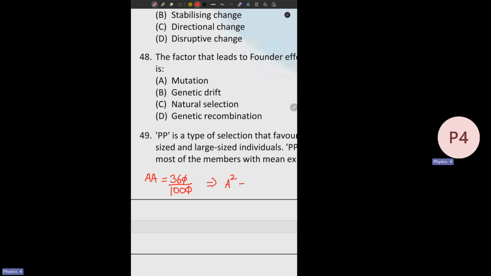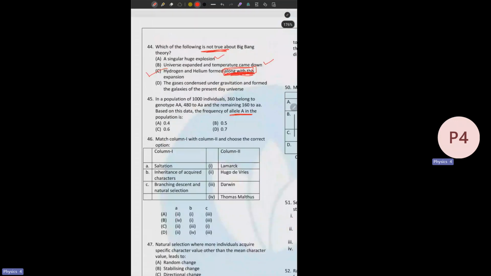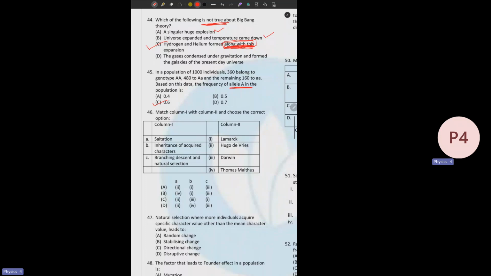Taking the square root of A squared and taking the square root of 36 and the square root of 100. We can write this in this form also. Square and square root cancel, and we will get the value of capital A as 0.6. So here the correct option is 0.6.